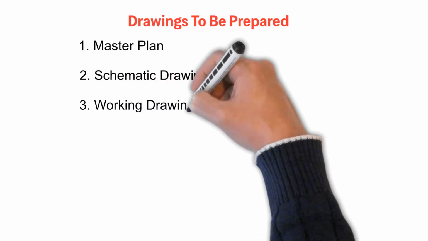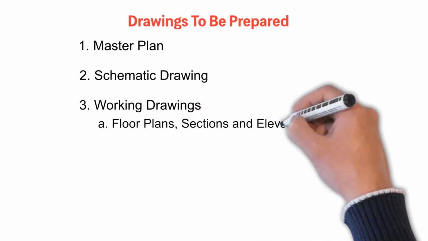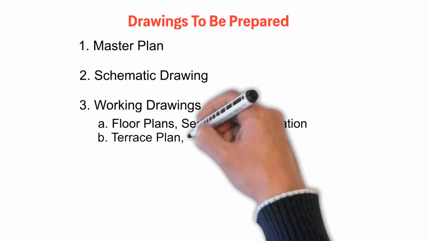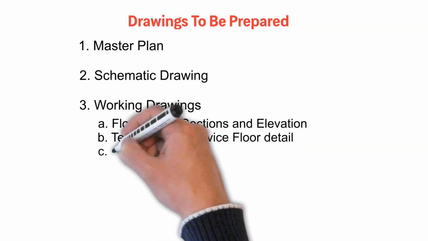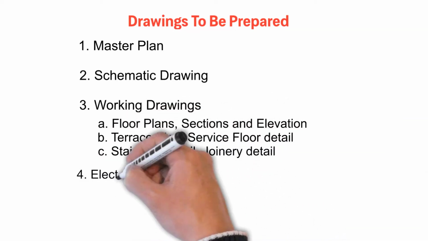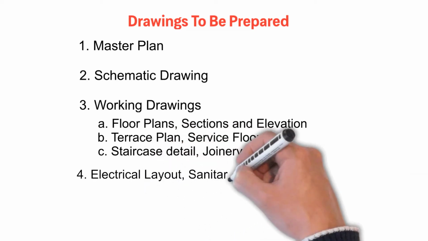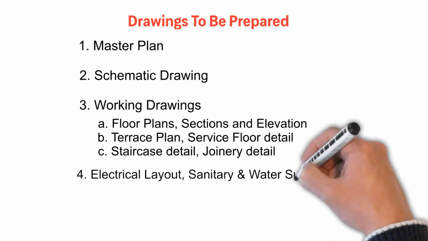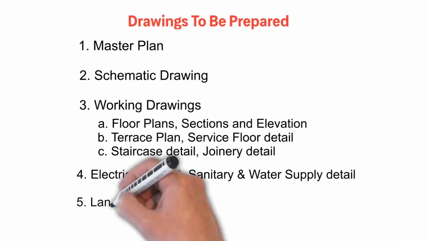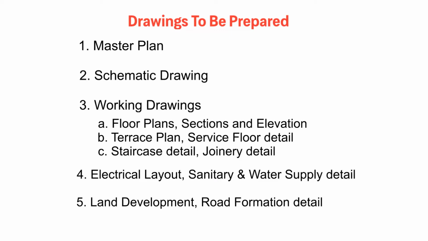Then after getting the confirmation from the client, we should prepare the working drawings with floor plans, sections and elevation, terrace plan, service floor details, staircase details, joinery details, etc. And we should also prepare the electrical layout, plumbing and sanitary details and water supply arrangements, and also rainwater harvesting particulars. The drawing must consist of land development, road formation, cutting and filling details also.